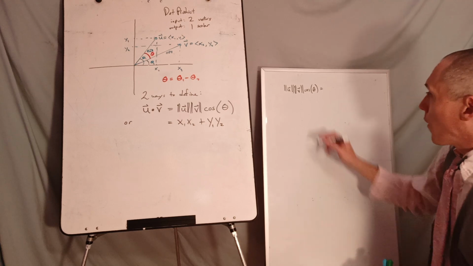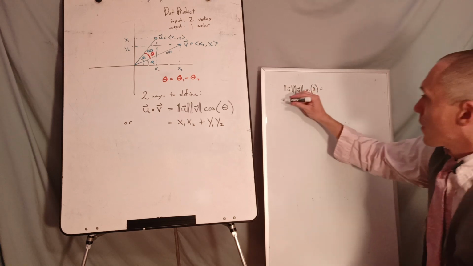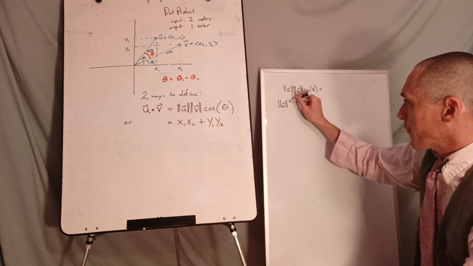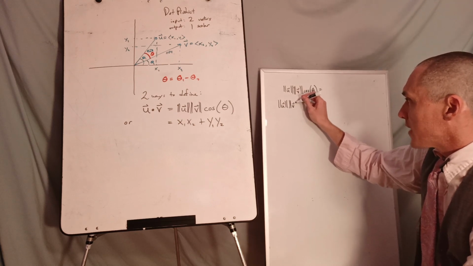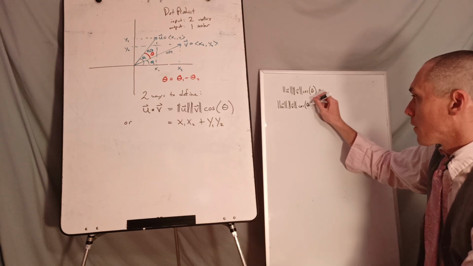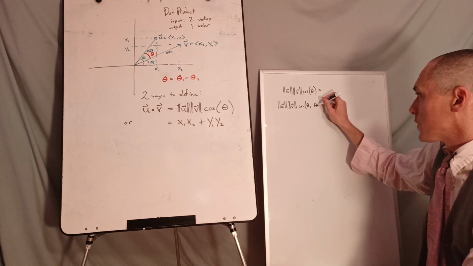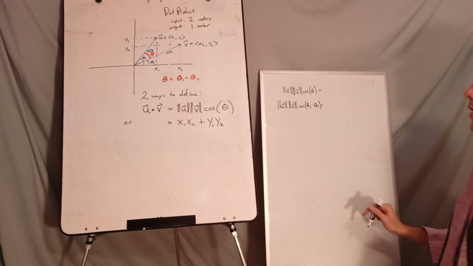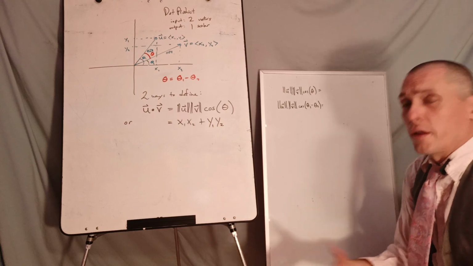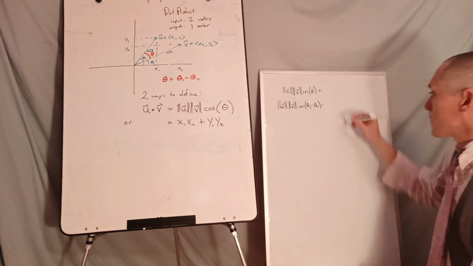Okay, so first of all, we already said that the angle between them is the difference of the two angles as they are made with the x-axis. So let's write it that way. Call this theta 1 minus theta 2. And now it is a trig identity to take the difference of two angles in cosine and write it a certain way.